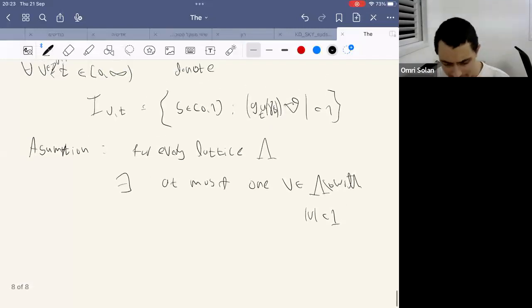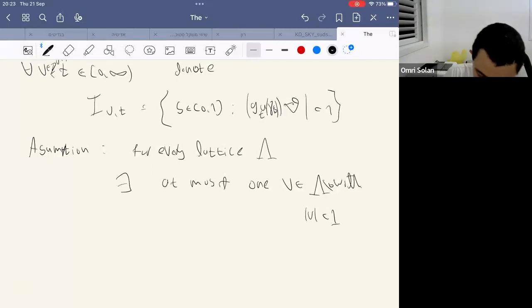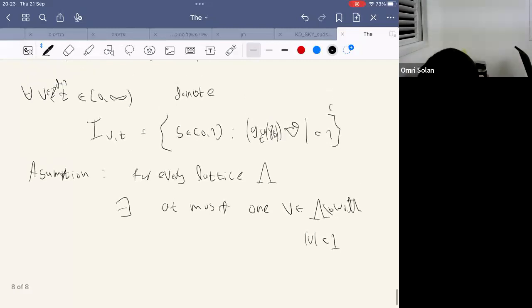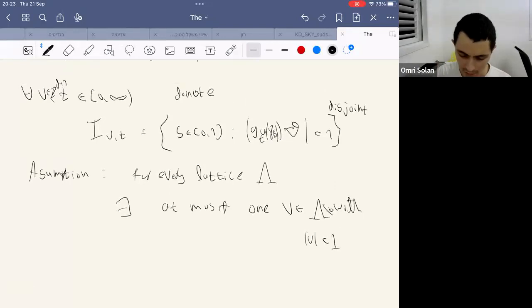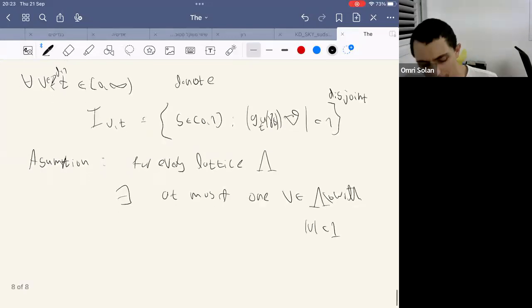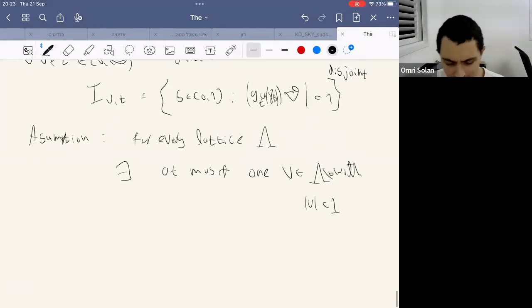Okay, so we get that these intervals I_{v,t}, in which a vector v is smaller than 1, are disjoint. This assumption is completely false, but using ideas from the Kleinbock-Margulis non-divergence theorem, it is sufficiently close to the truth for this purpose.